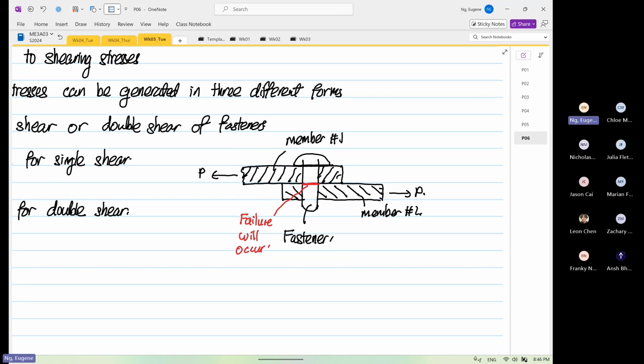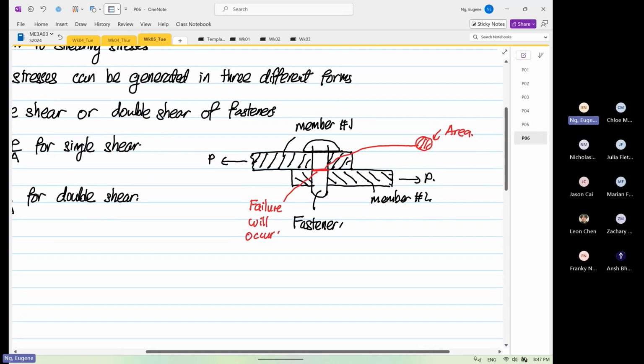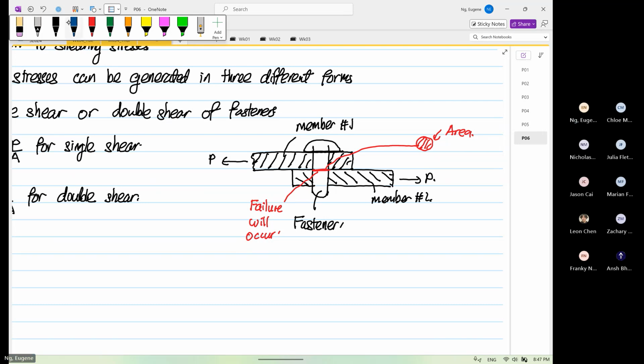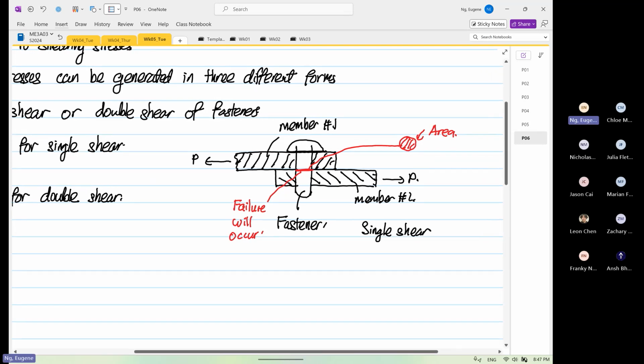And if I were to look at the cross section of this point over here, this is what we call our area. So that's why for single shear it is P over A. So this is what we call the single shear configuration.